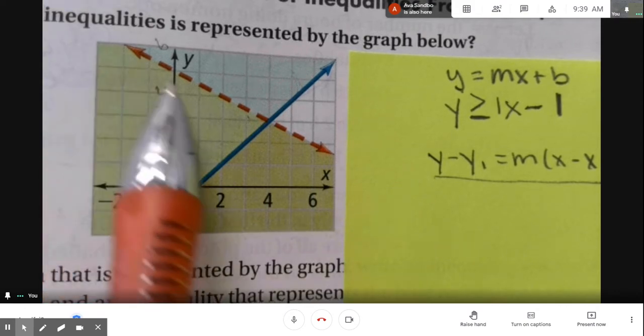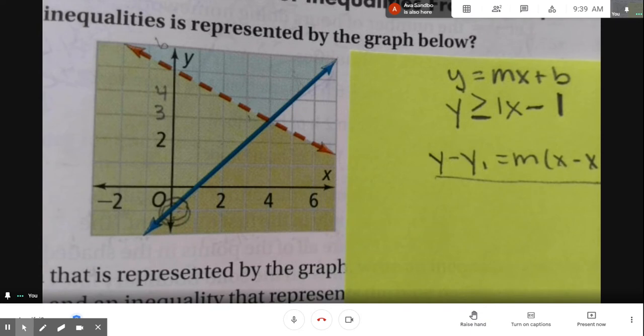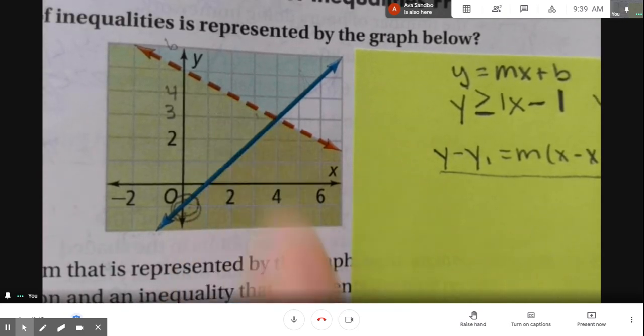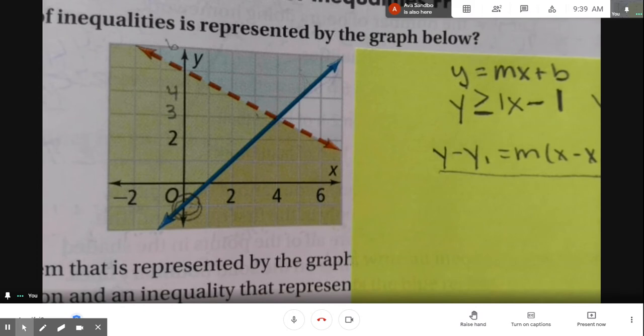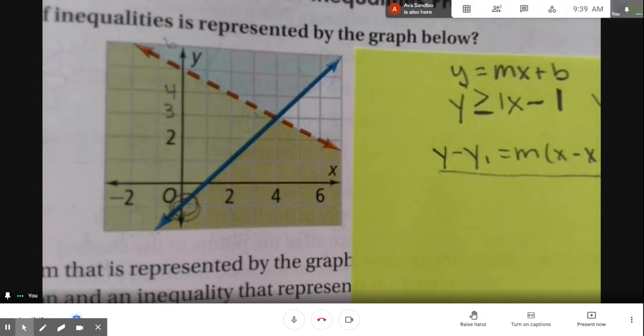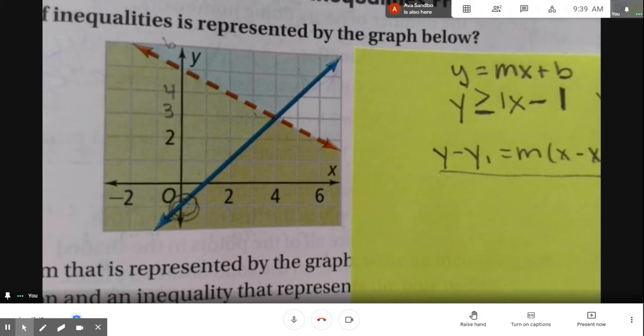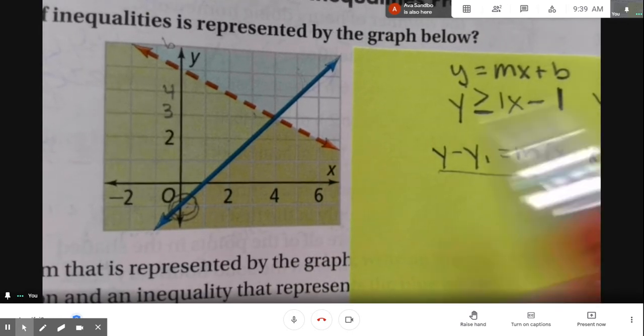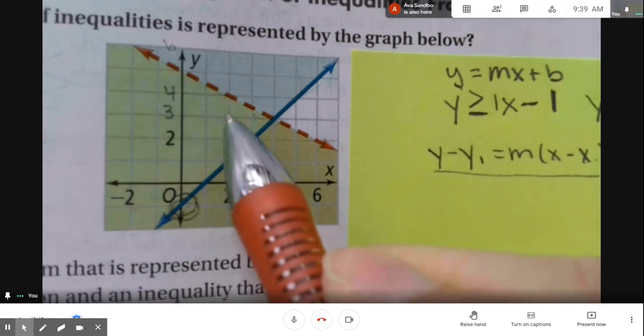What's the inequality for that line? Drew, do you have it? y equals -1x plus 5. Not quite, I got the 5. What's the slope instead? -1/2? Down 1/2?